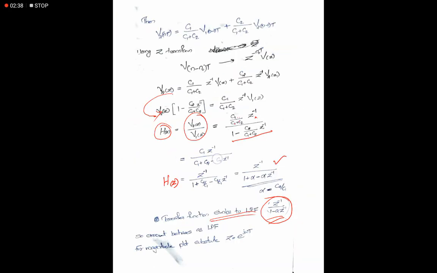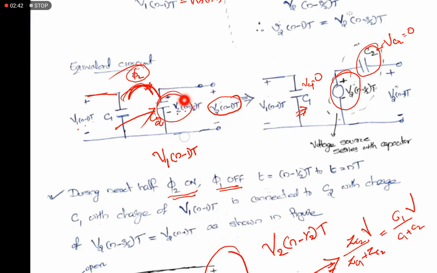And in the derivation, when phi 1 is active, C1 charges from the input, and it is equal to V1 of (n minus 1)T. C2 will hold its previous charge. So the voltage across C2 is V2, the previous output, V2 of (n minus 3 by 2)T.